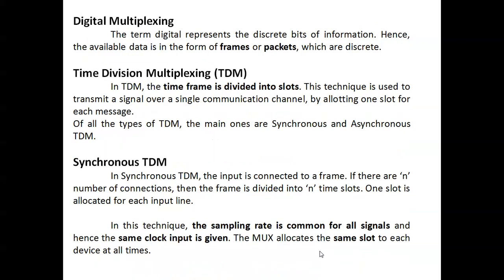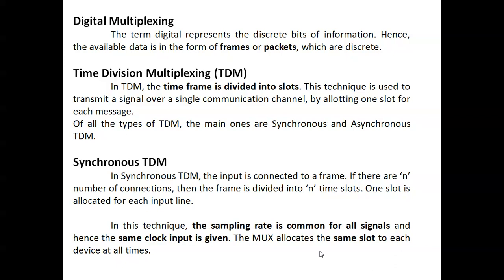In digital multiplexing, we have TDM, time division multiplexing. The time frame is divided into slots, a technique used to transmit signals over a single communication channel. TDM is again split into two types, synchronous and asynchronous.